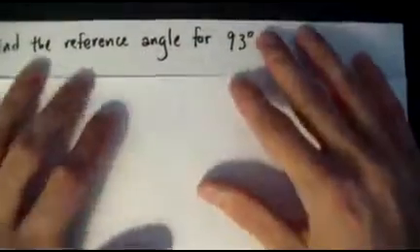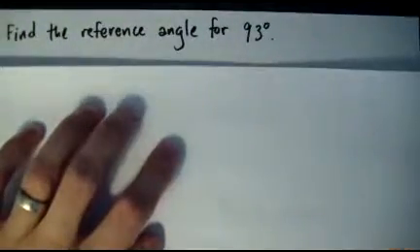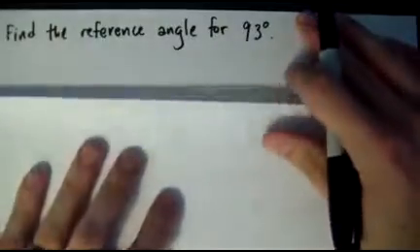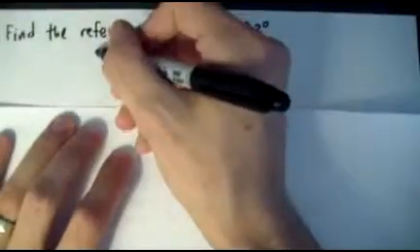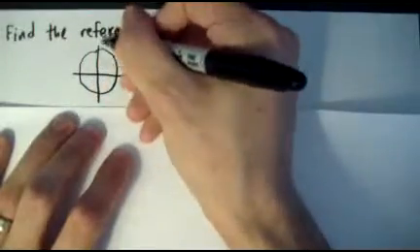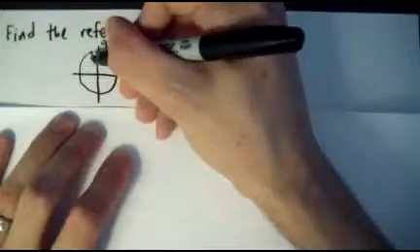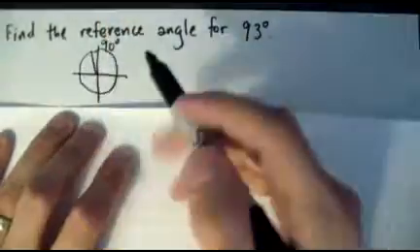There's another example. Let's find the reference angle for 93 degrees. For 93 degrees, we are slightly past a vertical line. Vertical is 90 degrees, and we've gone a little bit beyond, over to here. That's where 93 degrees will be.